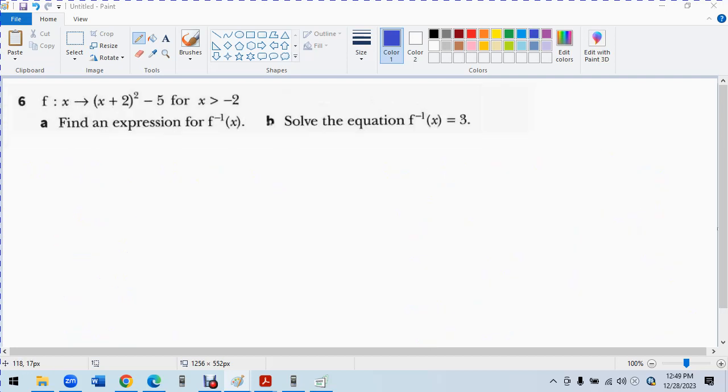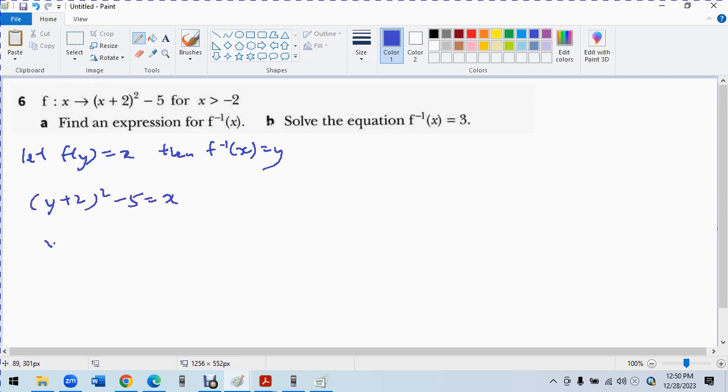Question number 6. f(x) equal to (x plus 2) squared minus 5, x greater than negative 2. Find the expression for f inverse. So let f(y) equal to x, then f inverse of x equal to y. So we have (y plus 2) squared minus 5 equal to x, (y plus 2) squared equal to x plus 5, y plus 2 is plus or minus square root of x plus 5.